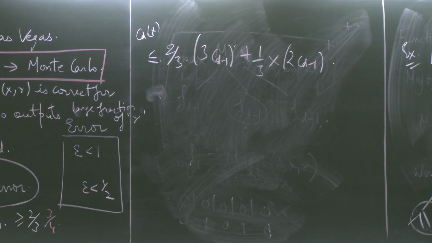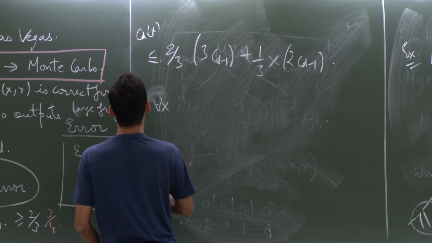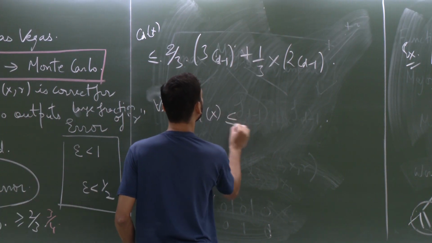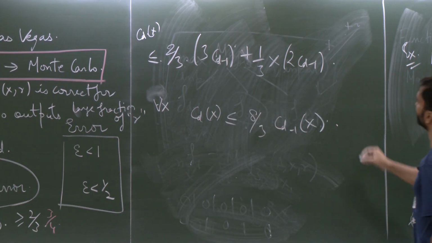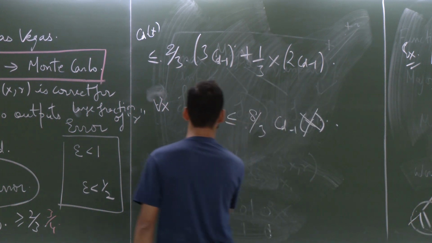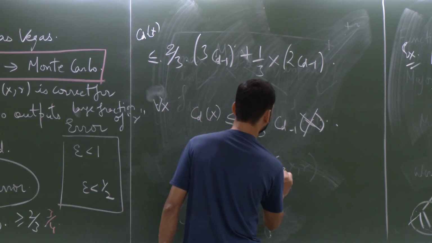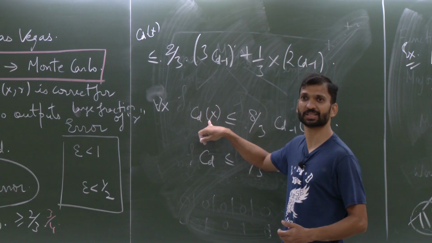So previously the cost was 1, I am replacing this by c d minus 1. Okay, so then what you know is that whatever be your x, I don't even have to put x, the cost is at most 8 by 3 c d minus 1. So that means, right, because c d was c d x for the worst case x, right?